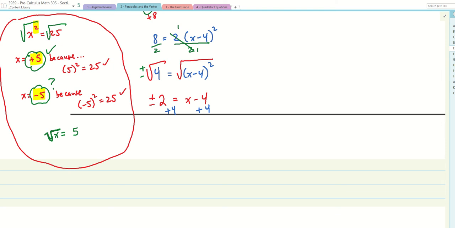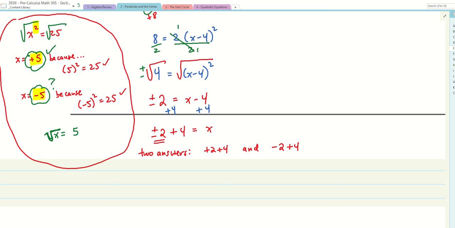And this looks a little bit weird, but I have positive or negative 2 plus 4 is equal to x. Well, what this little statement is telling me is that there's actually two answers to this equation. There's positive 2 plus 4 and negative 2 plus 4, because of the two options for positive and negative 2.